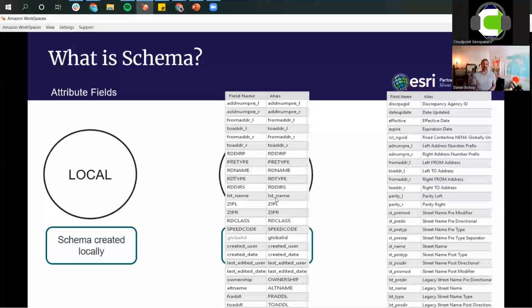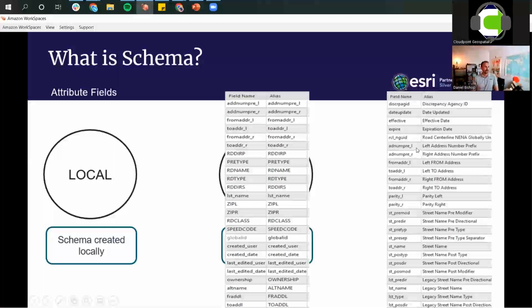So we're looking at attribute data, so attribute tables, and we can see here a really rough demonstration. Over our CAD, this middle table row here, we have field representations of CAD software data. And then on the right, we have field representations of the NENA standard. And we can see that there is a relationship between these two. For instance, our from address L, left, to address left.